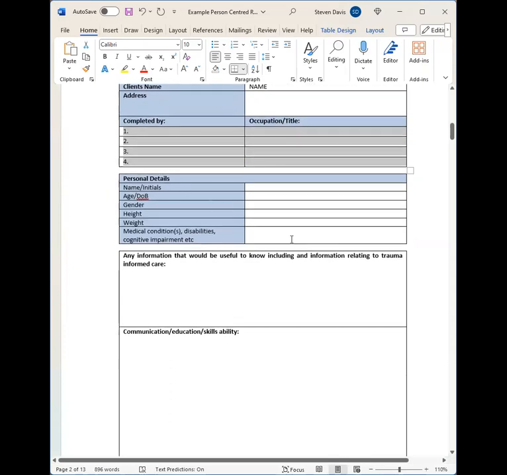We then have the personal details and then anything around their medical conditions, around disabilities or cognitive impairments. So when we think about medical conditions, why is that important here? Well, there may be things such as diabetes. So when we get this behaviour, is it the diabetes that's causing the behaviour? Or is it the medical condition or is it something else?